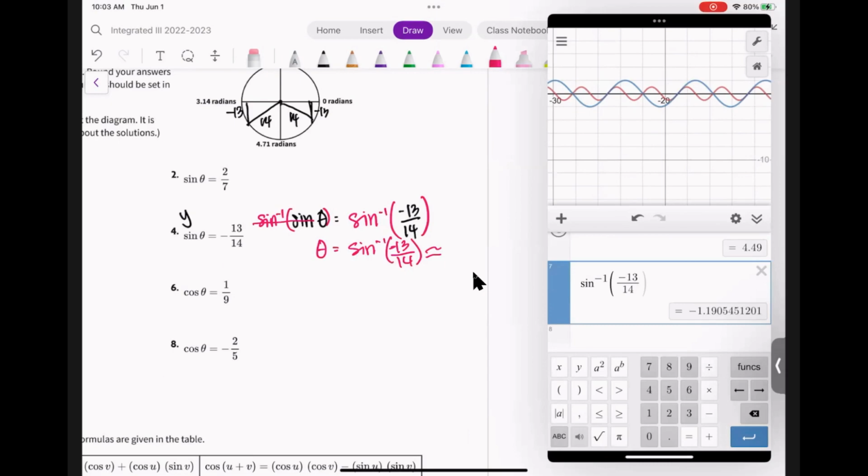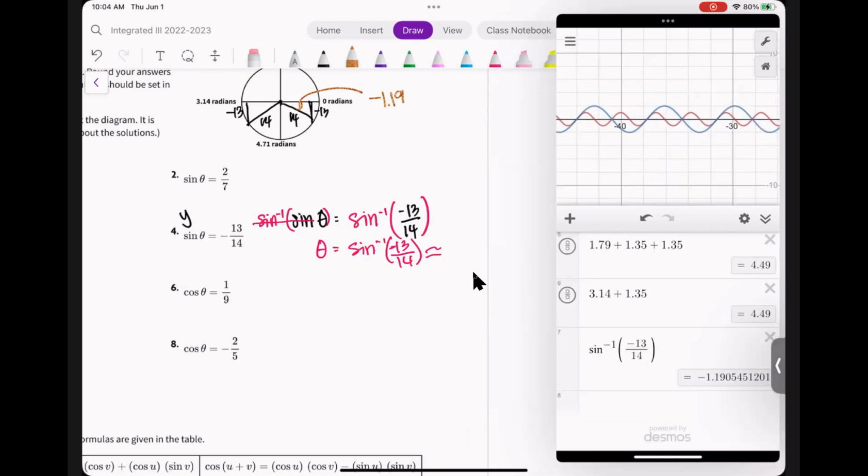The initial answer it gave me was going to be somewhere up here in this quadrant, and I thought, wait a second, that's wrong. And now this angle in here is negative 1.19. So now all I have to do is calculate the angles, and then I'm done.